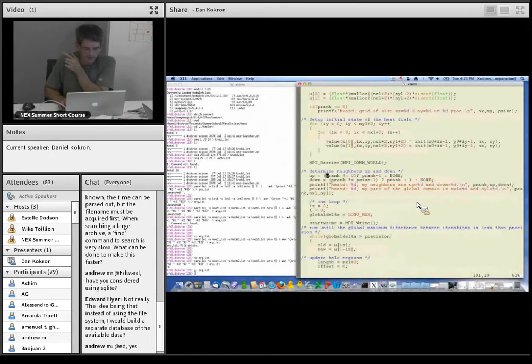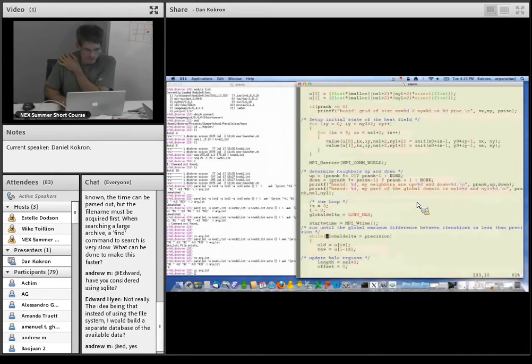First thing we do is go in here, and if we have an up neighbor, we do a communication. If we have a down neighbor, we do another communication with MPI sends and receives. We do the solution update with the update function, and that gives us back a delta.